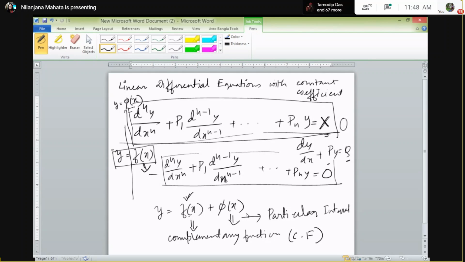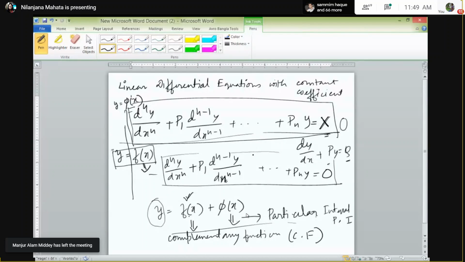So a particular integral is called PI. So our general complete solution y will be the sum of the complementary function and the particular integral. So to solve this type of non-homogeneous linear differential equation, first we find the solution of the homogeneous one, then we find a particular integral, then we sum these two and get the general solution of this equation.